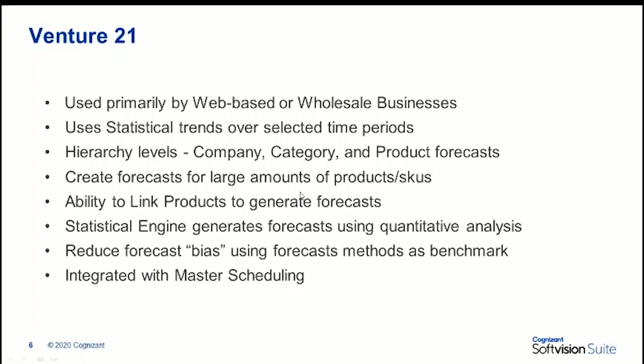So once you have your methods and your settings appropriately defined, you're really going to just rely on that system automation to kick in and give you your recommendations and suggestions based off of the historical selling. And then after that, the process goes into allowing the user to validate the forecast, and then that output is what is going to feed directly into our materials and our master scheduling module so that you can complete the inventory process and begin your purchasing process. So these will be the key features that we're going to go into a little more detail today.